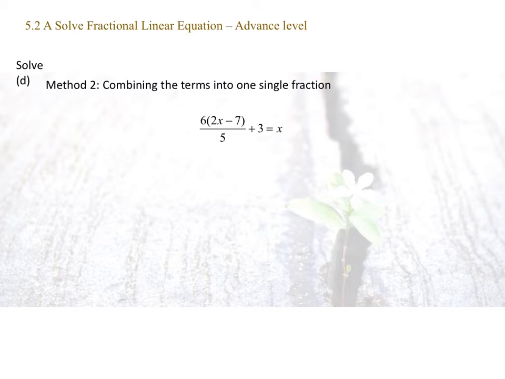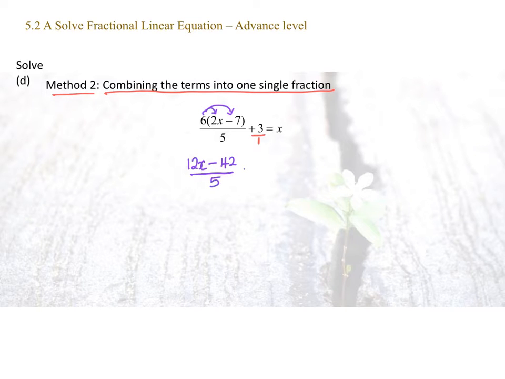Method number 2. What we're going to do now is to combine the different terms into one single fraction. So notice that we have 2 different terms here on our left hand side, and there are some brackets over here. So we'll probably need to expand our brackets a little bit first. So I will have 12x minus 42 over 5.